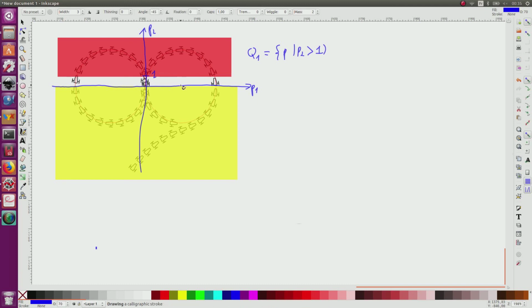This is the first center and here is the second center, and recall that this radius is equal to 2 and this one also. For this circle I have epsilon equal to 1, and for the other one epsilon equal to -1.